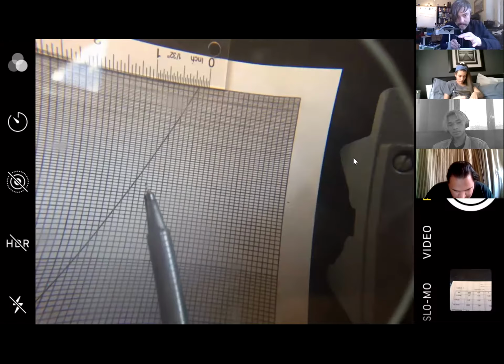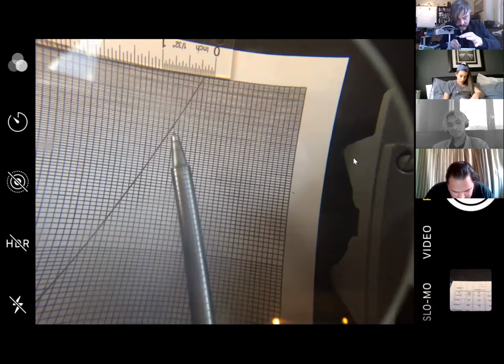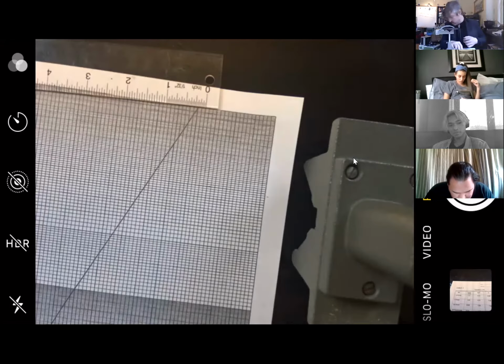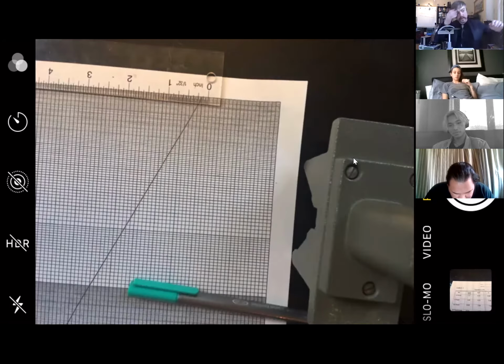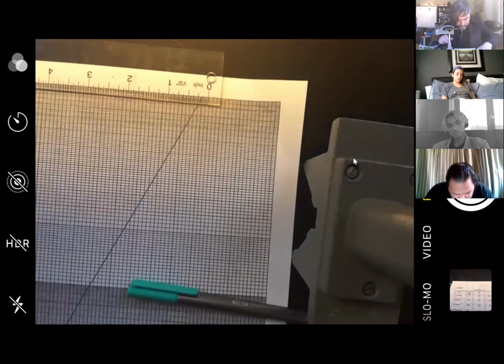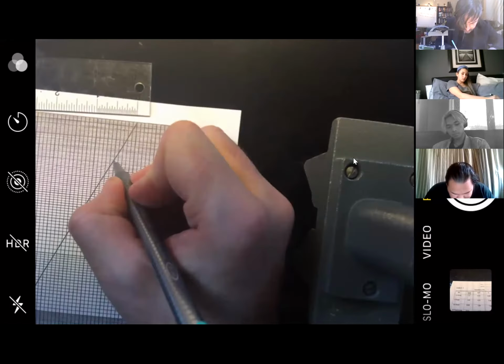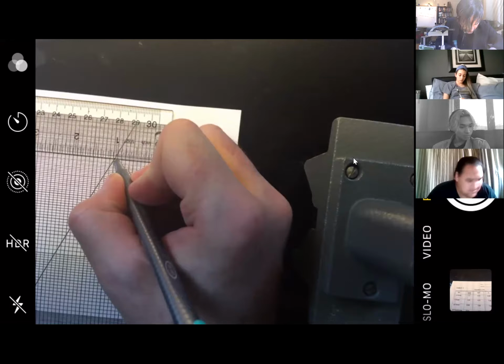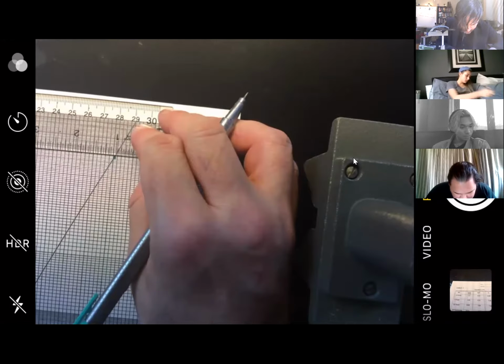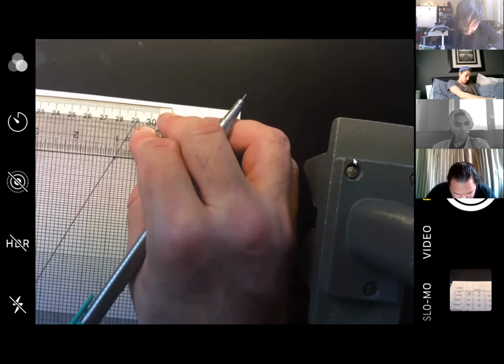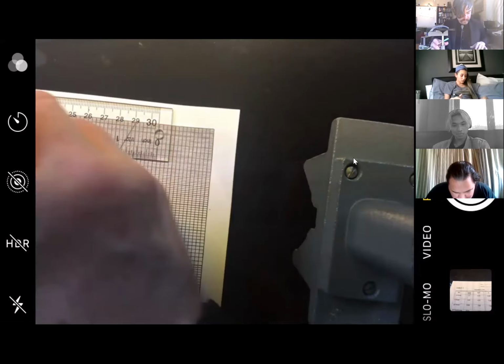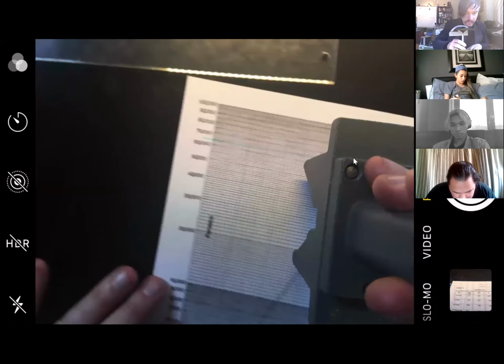Optics are awesome. It's one line above that intersection. Wow, this is really hard to not screw up. All right. That's my value as best as I can tell.